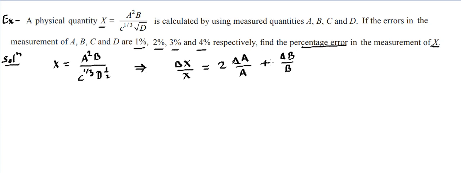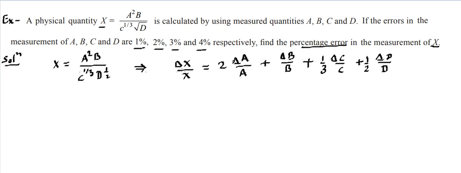Here the power was 1, so we are writing 1, plus we have also talked about whether it's in the denominator or numerator, we always write a plus because errors are being added up, and this will be 1 by 3 delta c upon c, and finally plus half delta d upon d. So this is how power expressions are used.